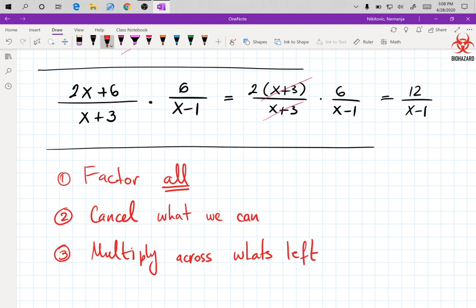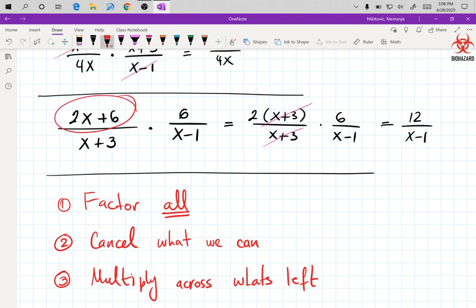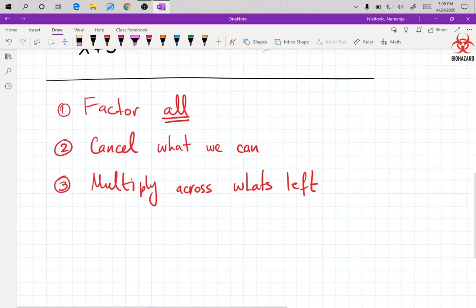That's all. So here is me factoring. Here is me canceling. And multiply across. Now this one is just 1 times x minus 1, so this stays as x minus 1.